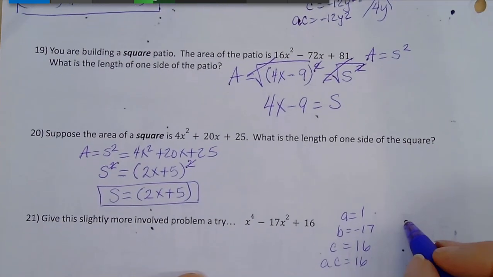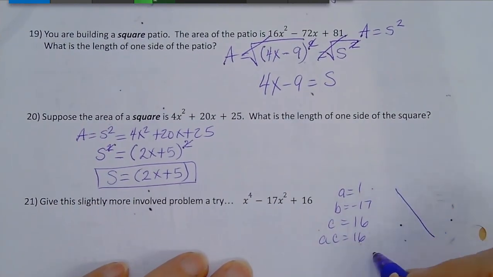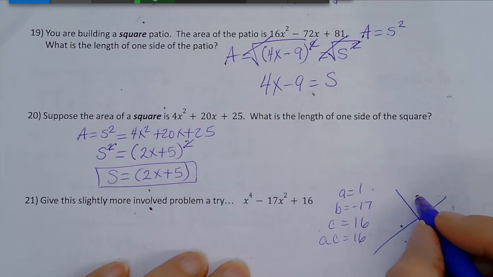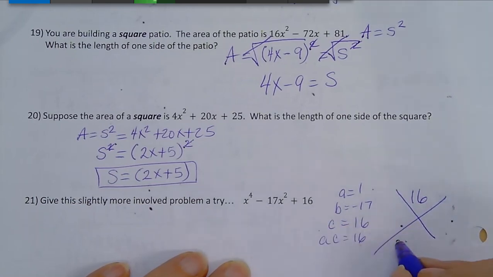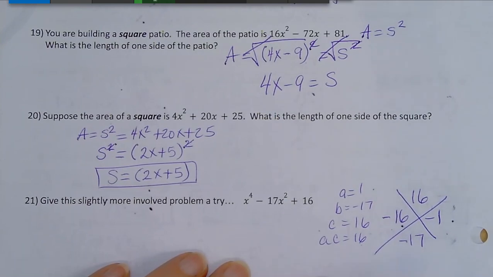So I'm looking for two numbers that multiply to give me 16, but add up to give me negative 17. And so that will be negative 16 times negative 1, right? Negative 16 times negative 1 is positive 16, and negative 16 plus negative 1 is negative 17.